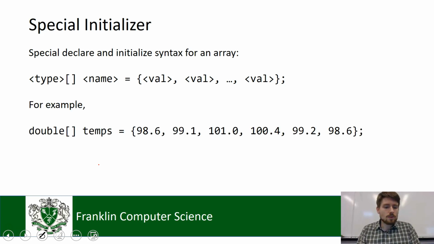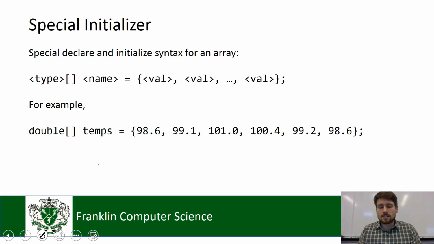And so, for example, say I have all these temperatures, I'm keeping track of my temperature in the morning and I want to just add a new temperature on to the end of my list each day because I have a fever. You know, my first day temperature was 98.6, my next day was 99.1, and then I had a 101.0 temperature, and then 100.4, 99.2, and 98.6.